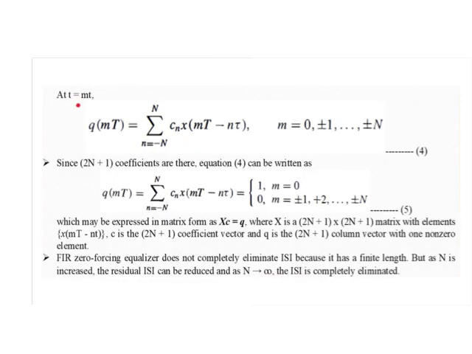Now at t is equal to m capital T, we can write this equalized value as q of mT is equal to summation n is equal to minus N to N, Cn x of mT minus n tau.